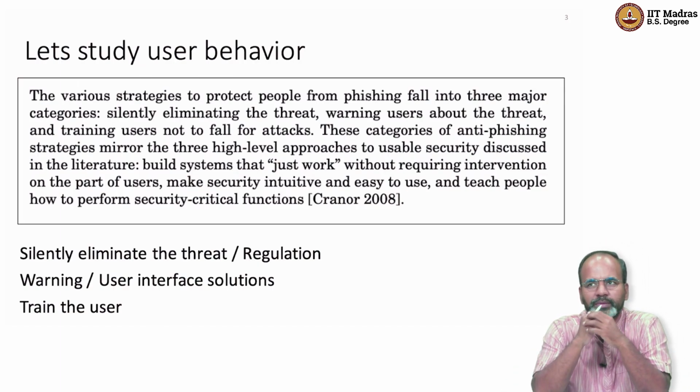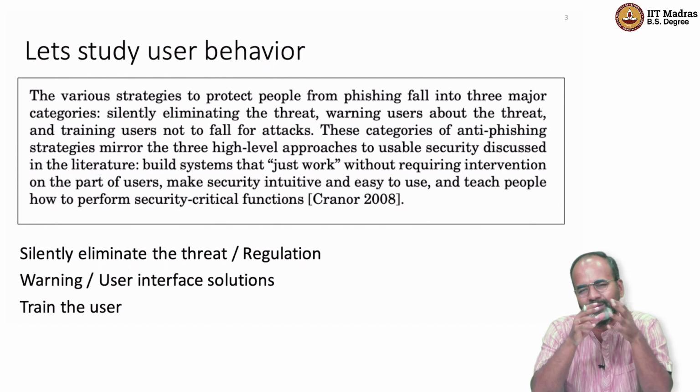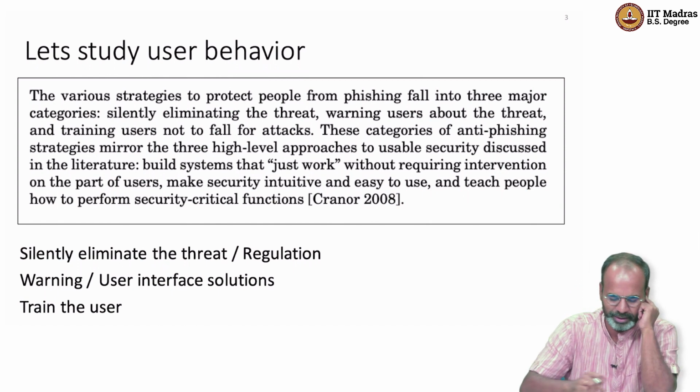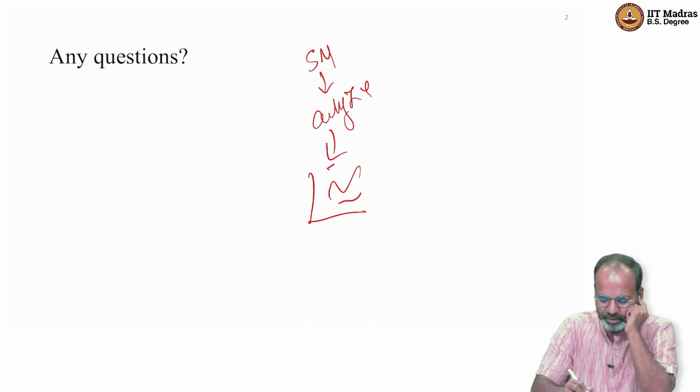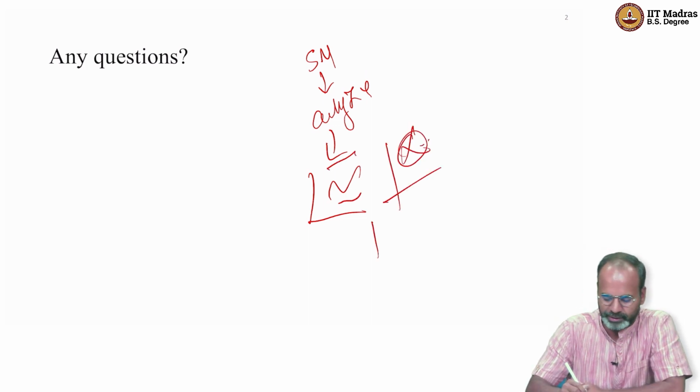So what we are going to look at for this part is to see how we can actually change the user behavior. So what have we been seeing until now? We've been seeing that, let's take social media data, let's analyze the data, let's get some patterns, and then get some actionable information.